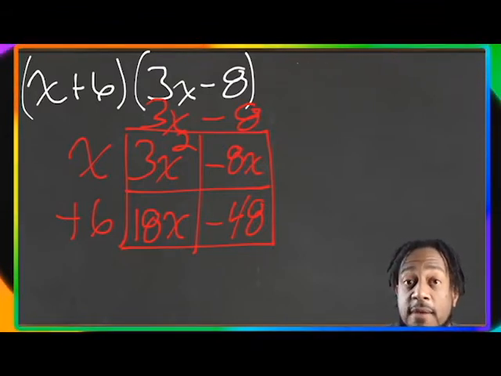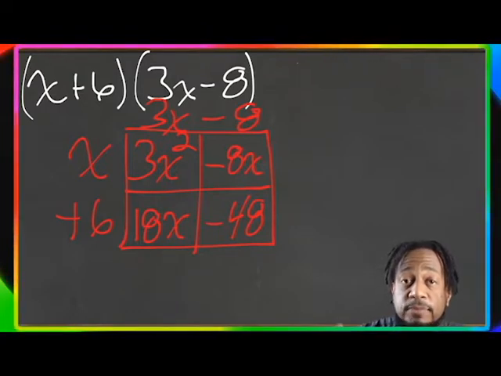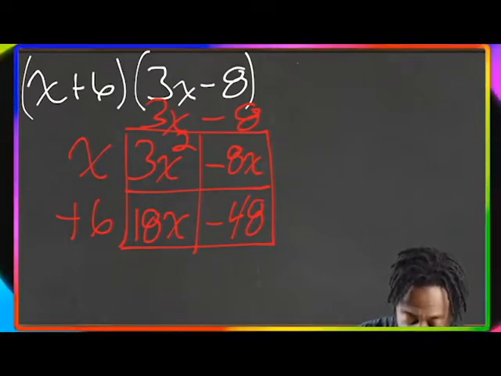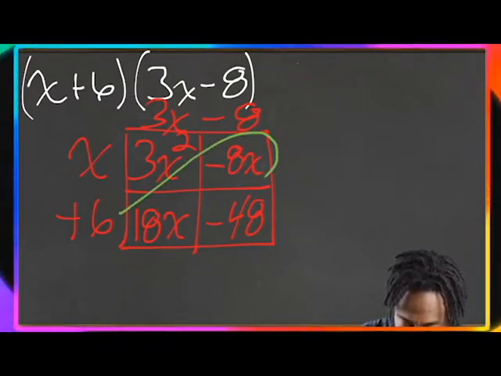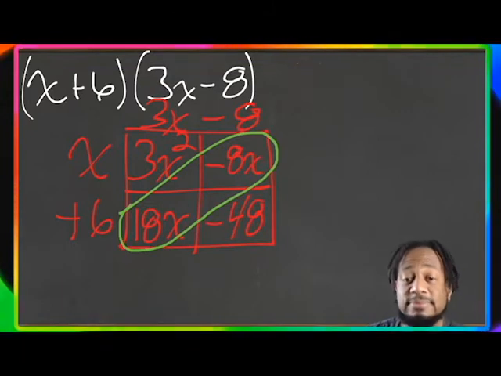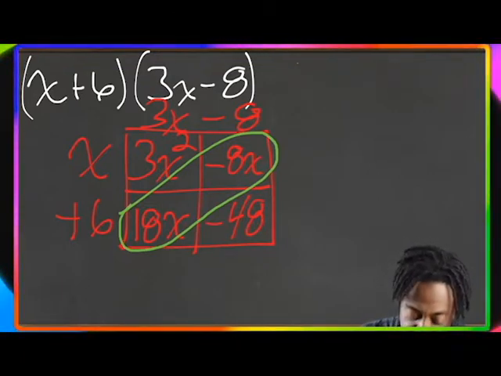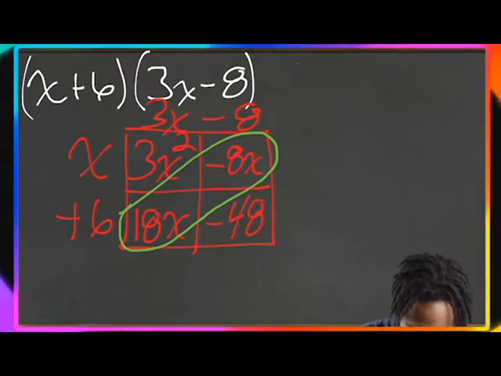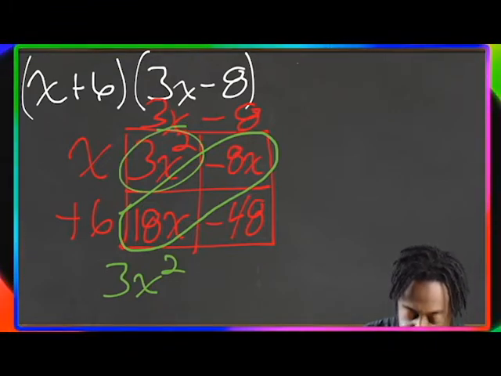Now, we have multiplied. We distributed into the area model, so you can see every term by itself. In the diagonal is your like terms. So the first thing you're going to do is write 3x squared, because that's the first term here.